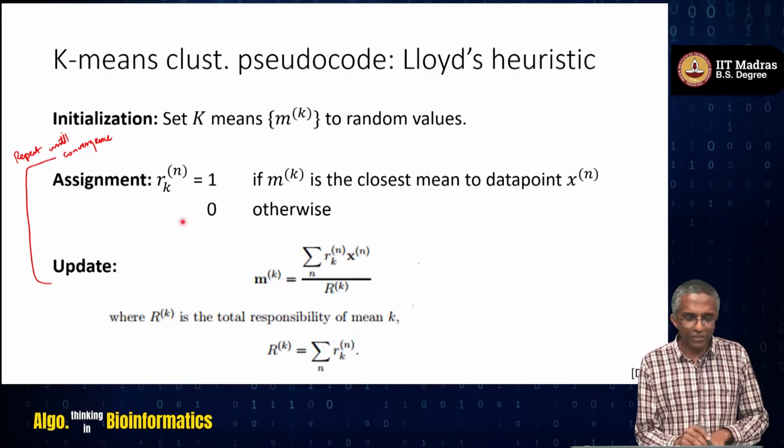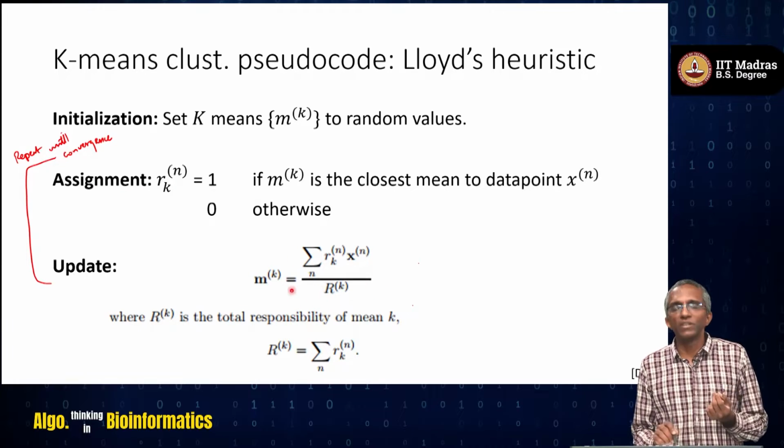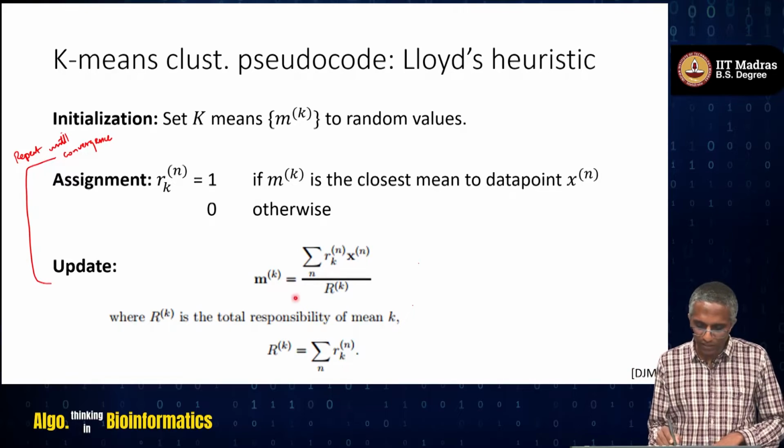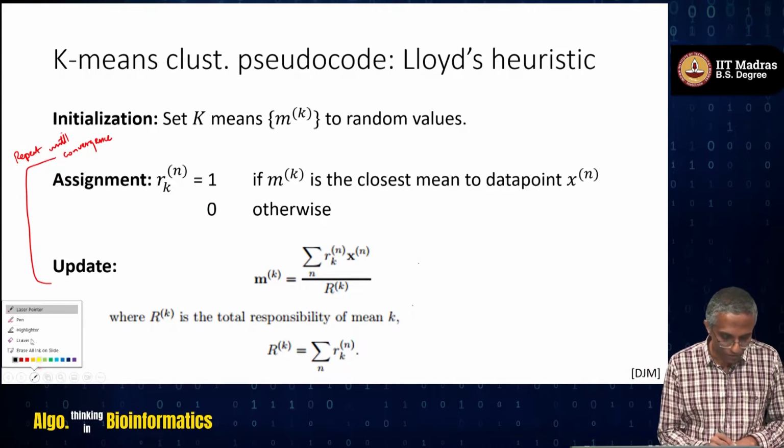Once you have assigned, then you need to update your centers, like I said, and the update is simply the average of all the data points that are assigned to that particular center. Okay. And this is written in this way once you have 1 and 0. Another way to write the same thing will be the following.